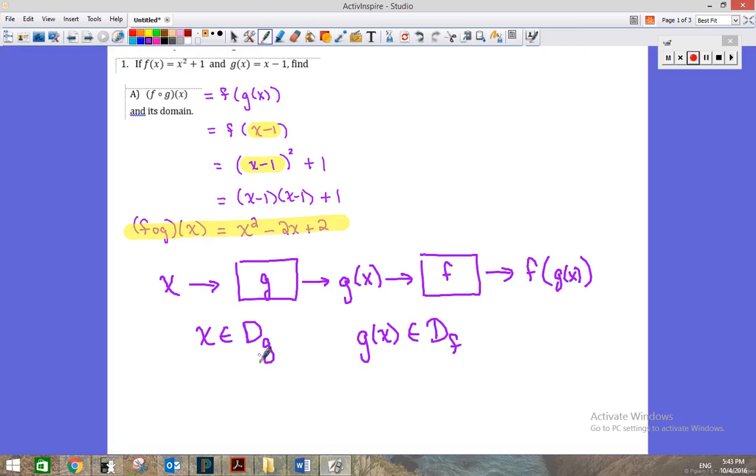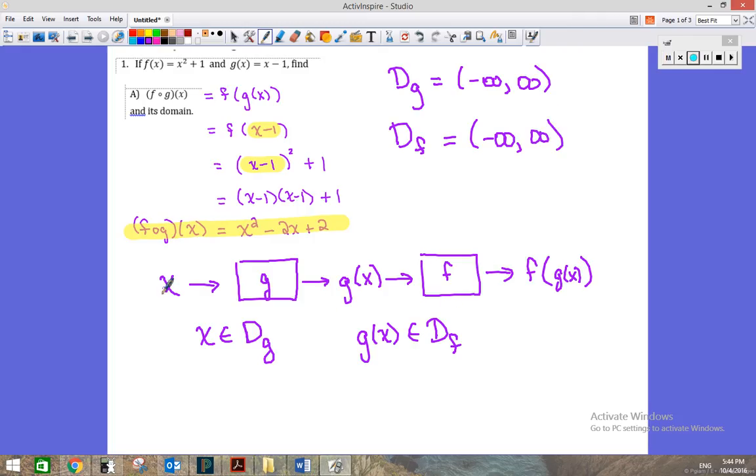Well, since the domain of g was all real numbers, x can be anything to go into the function, and who cares what comes out of it, if it's all positive numbers or if it's sometimes positive or negative or 0. f of x has a domain of all real numbers as well. Both the domain of g and the domain of f are all real numbers.